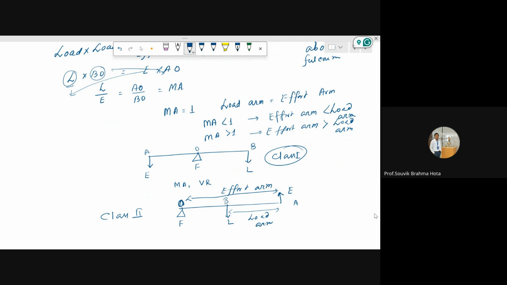Okay. So your effort arm is always greater than the load arm. Effort arm is always greater than the load arm.